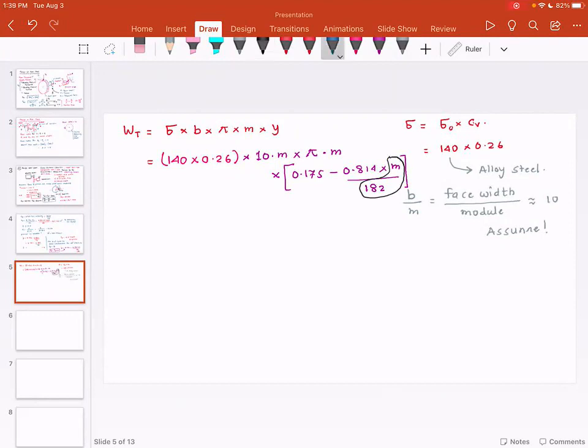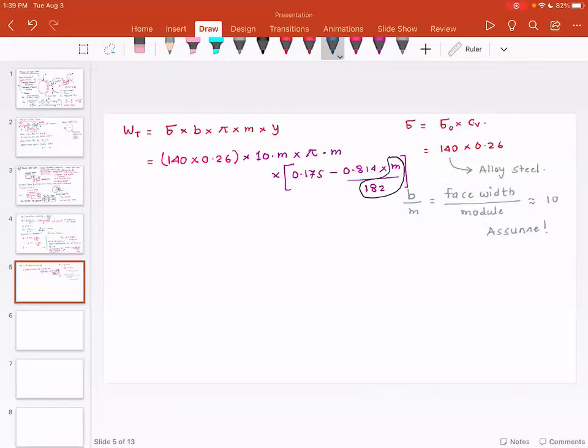Whatever is the unit of module has to be the same unit for the diameter. You cannot have diameter in meters and module in millimeters. So whatever you do, it needs to be the same and consistent unit.